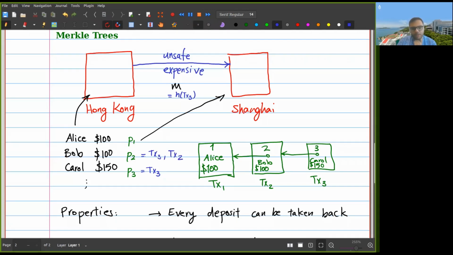Now, the way it works is that Bob brings these 2 transactions to the other branch. So the branch first hashes this transaction and sees that it matches the message that they received from Hong Kong. So they know that transaction 3 is real, but they see that transaction 3 belongs to someone else. So they will not pay that money to Bob.